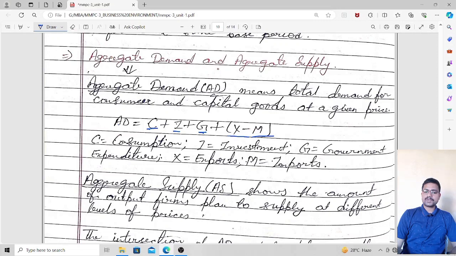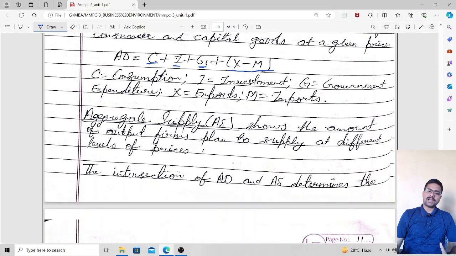And aggregate supply shows the amount of output firms plan to supply at different levels of prices.